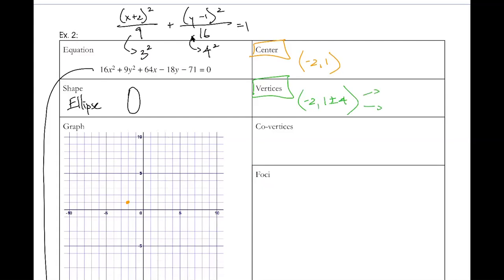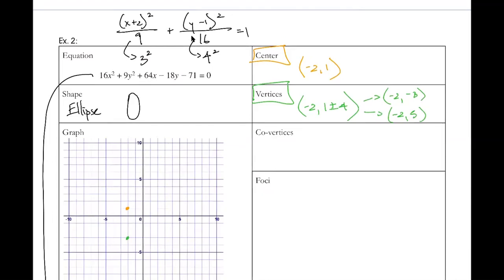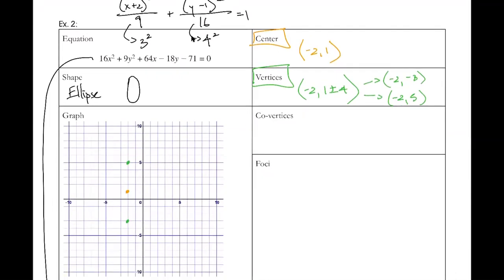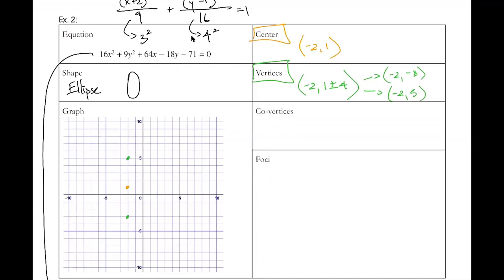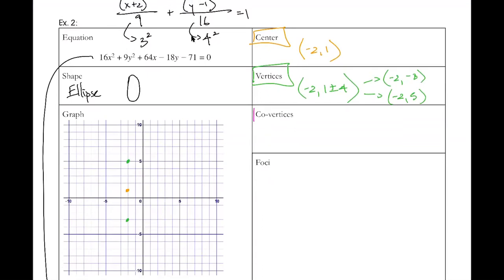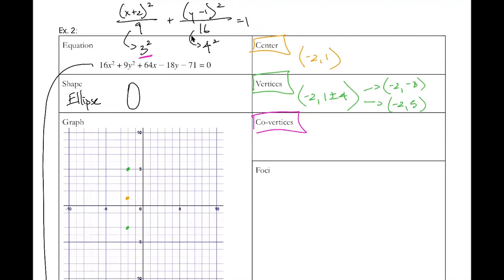You can rewrite that as (-2, -3) or (-2, 5). You can also get that from your graph. From your center, you're just going to go up and down 4. So 1, 2, 3, 4. 1, 2, 3, 4. Okay. For my co-vertices, that's going to be where I add 3 and I subtract 3 from the x value of my center.